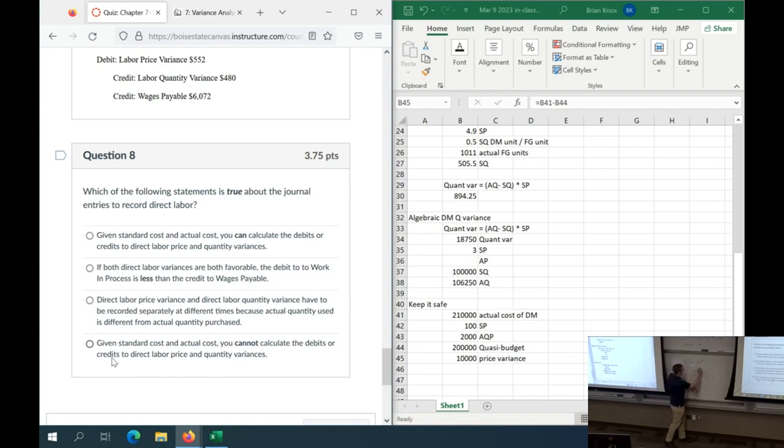That makes sense. So they could be all over the place, the 2 lines. We don't know just from having this one and this one what they are individually. So we cannot calculate debits or credits to direct labor price and quantity variances. We can't fill out the journal entry with a plug.